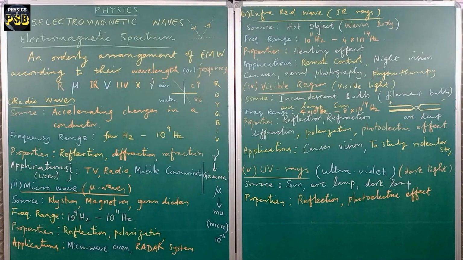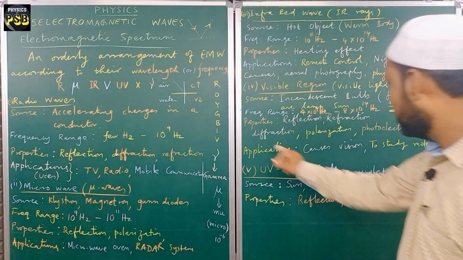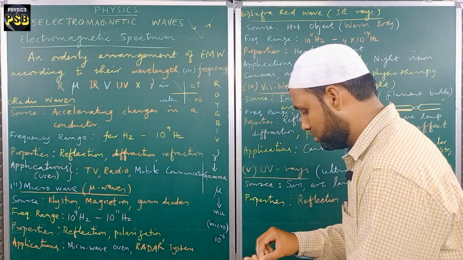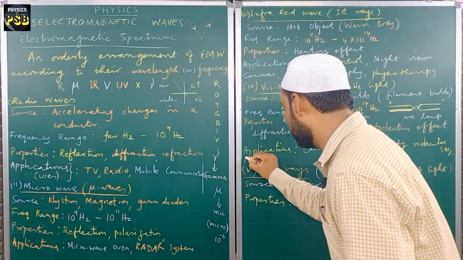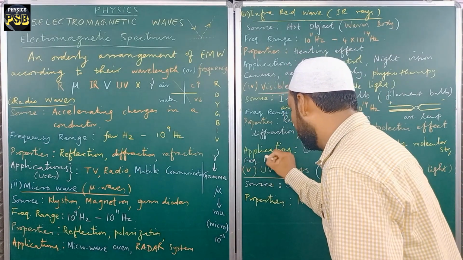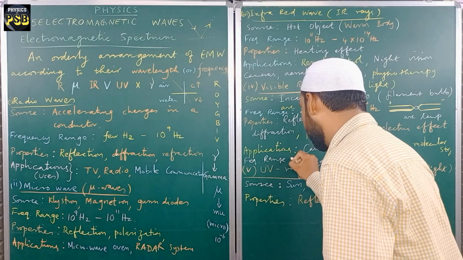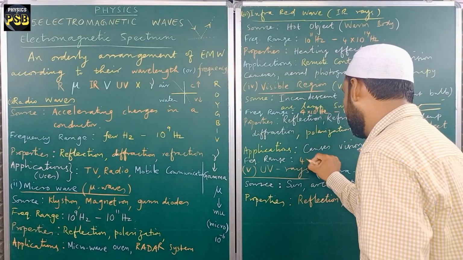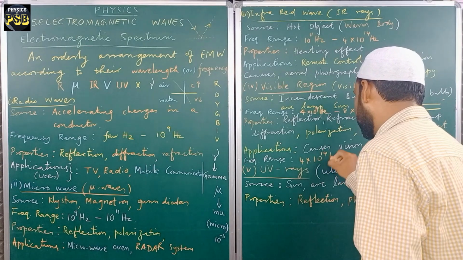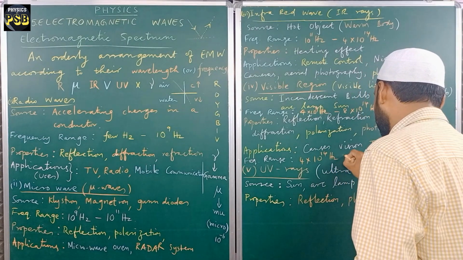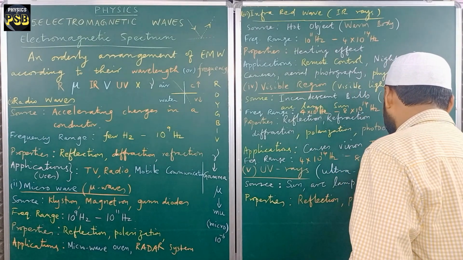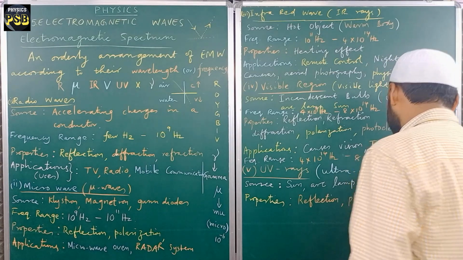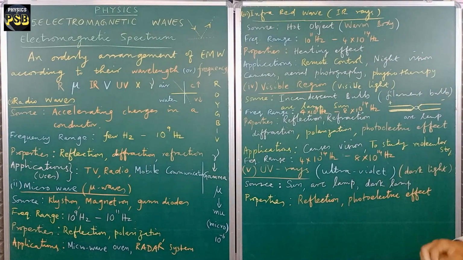I think it is better to write it here for better visibility. Frequency range: between 4 into 10 power 14 hertz and 8 into 10 power 14 hertz. This is the frequency range of visible light.